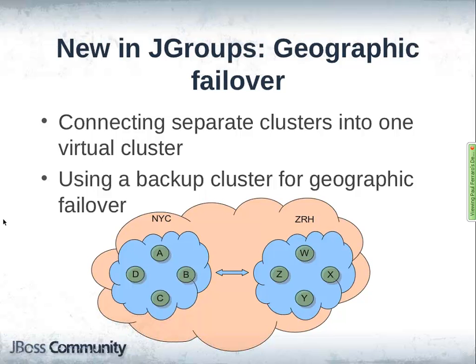That would be the backup copy. Or we could do it the other way around, 2 copies in Zurich and 1 copy in New York City. When the entire cluster in New York City fails, the clients would then transparently fail over to Zurich, and the data would still be available. So this can be used for geographic failover. That's one of the use cases.